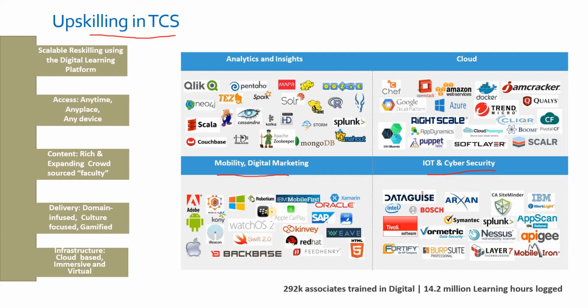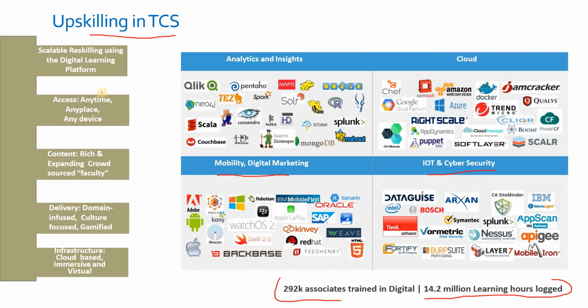So this is security related, this is digital marketing related, and below you can see one quote: 292k, meaning 292,000 associates trained in digital, and 14.2 million learnings logged. Let's suppose TCS has 5 lakh employees and 14.2 million learnings are logged, because TCS is focusing on employees learning new things so they can enhance their skills.